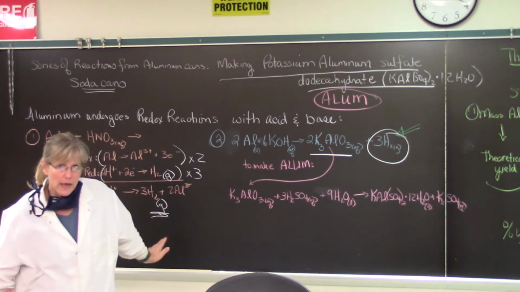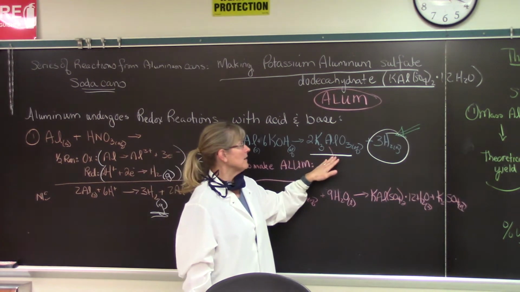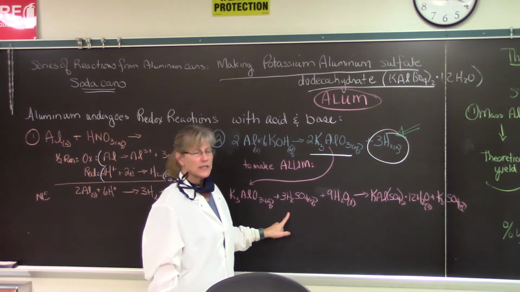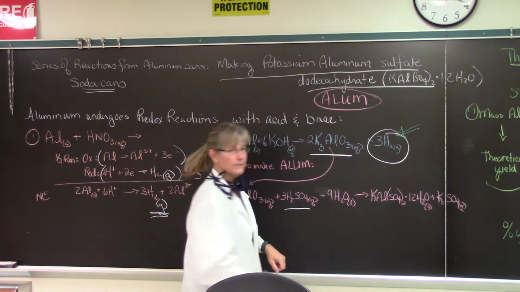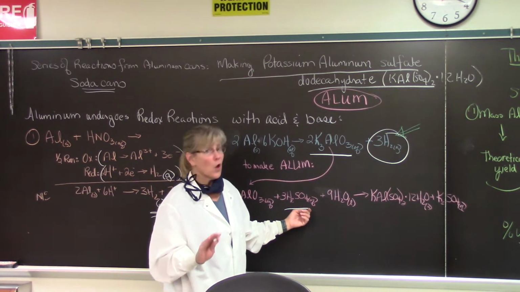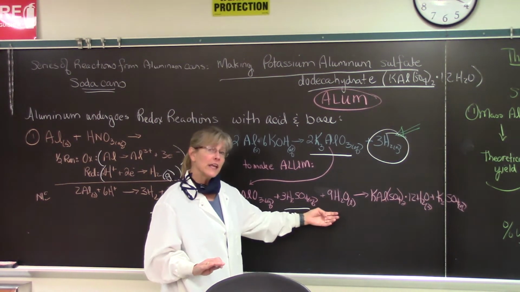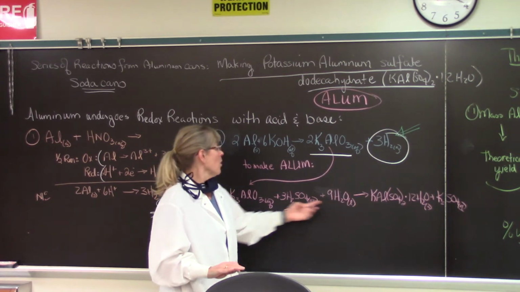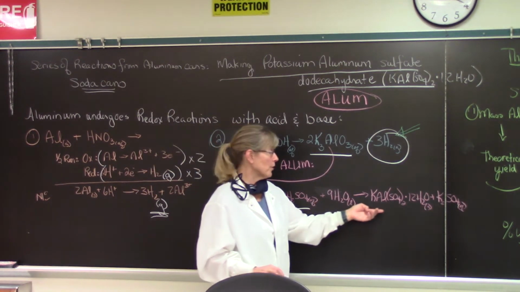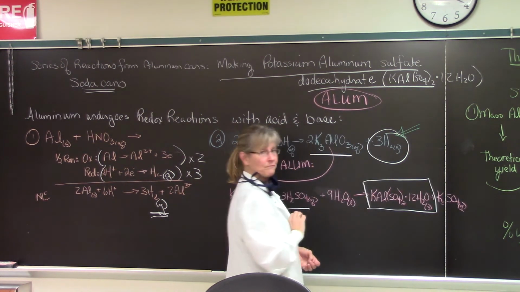So how do we make alum? Well, after we have made this potassium aluminate, we react the potassium aluminate with acid. And do we add water? No, the acid is already aqueous, okay? But the reaction itself includes water. Once we have the potassium aluminate, sulfuric acid, and the water reacting, there is our alum.